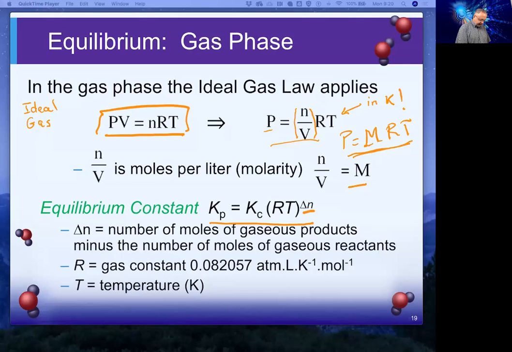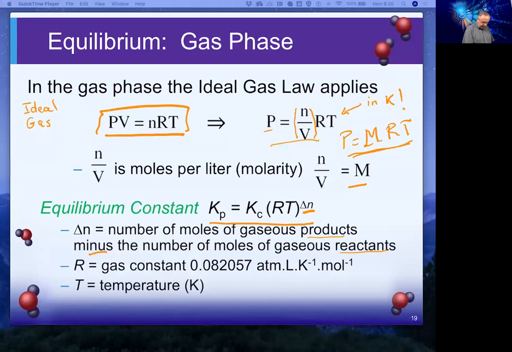What is that delta n? Delta n is the number of moles of the gaseous products minus the number of moles of the gases in the reactants. So that is something you need to look at in the balanced equation and figure out. And so RT is going to be to the power of delta n.